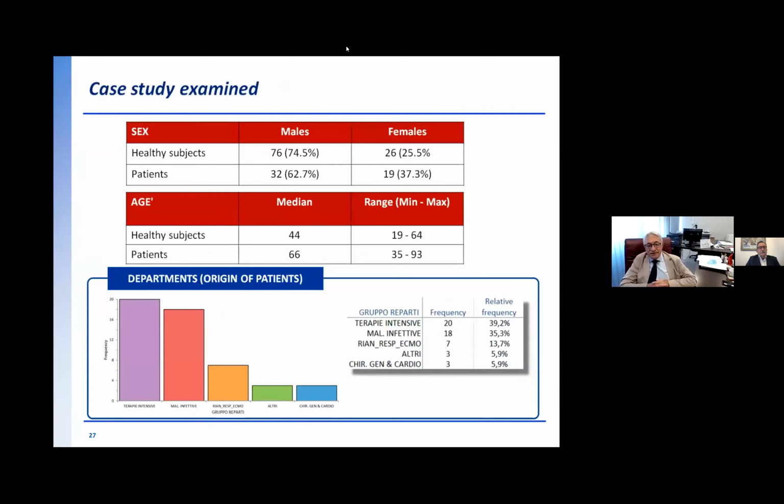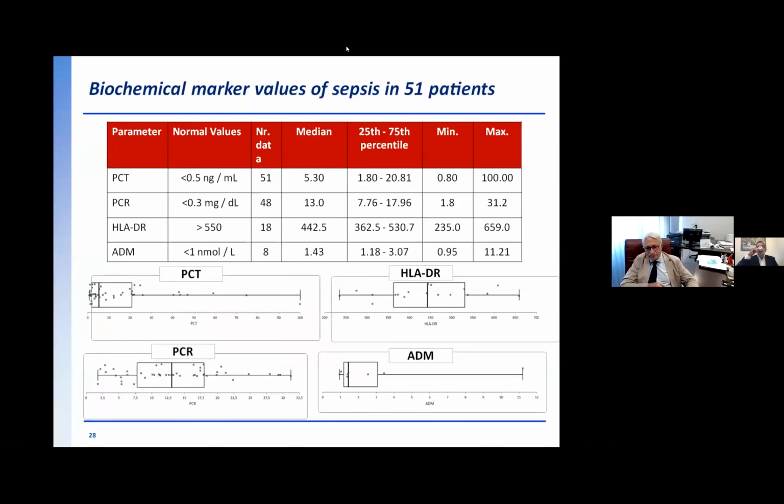As for the age, the median was 44 in the healthy subjects and 66 for patients. Patients came from the ICUs, 20, the infectious disease department, 18, then resuscitation, as well as others.